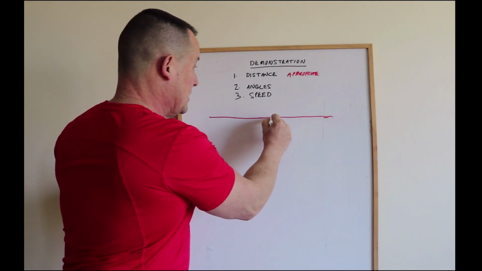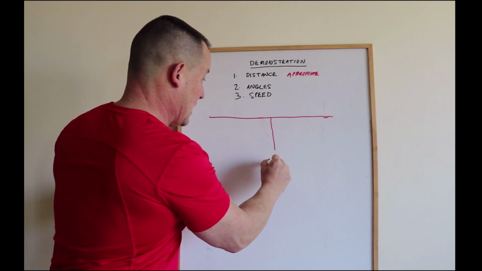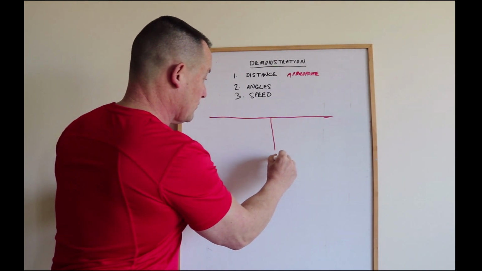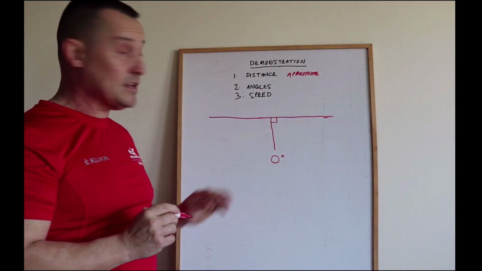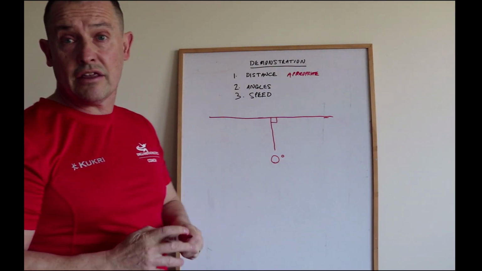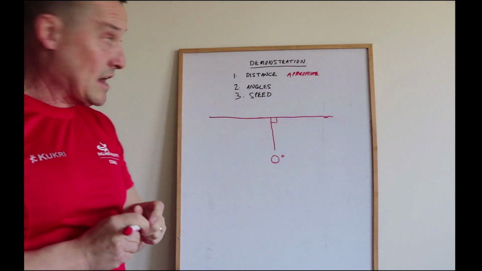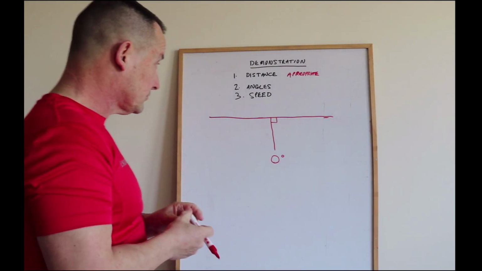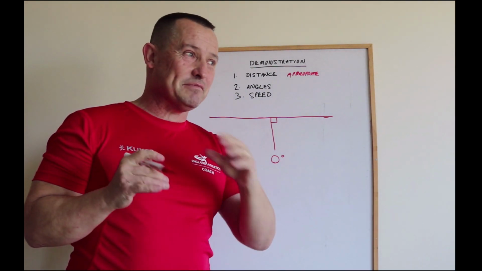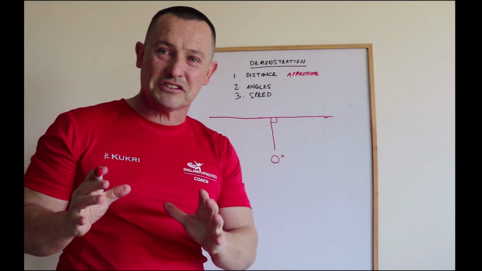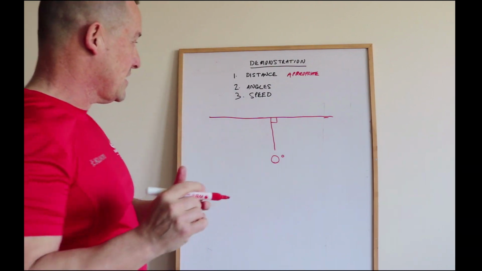Here is our center line, and I referred to this as 0 degrees there. And this, of course, here would be 90 degrees, represented by the little rectangle there. By the way, I don't mean this to be a mathematics lesson. This is simply the simplest way that I can explain these different angles.